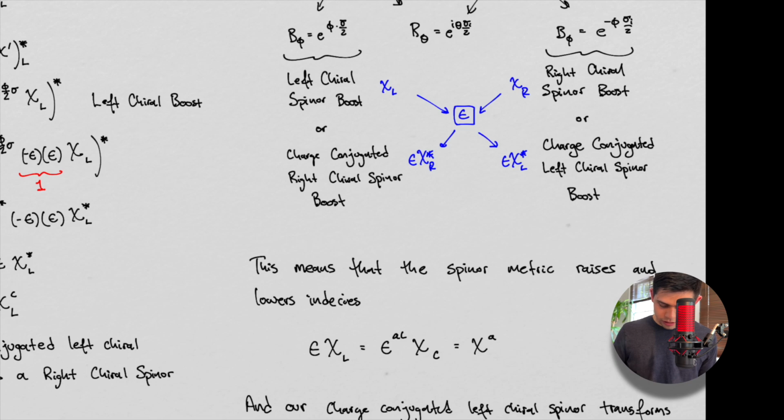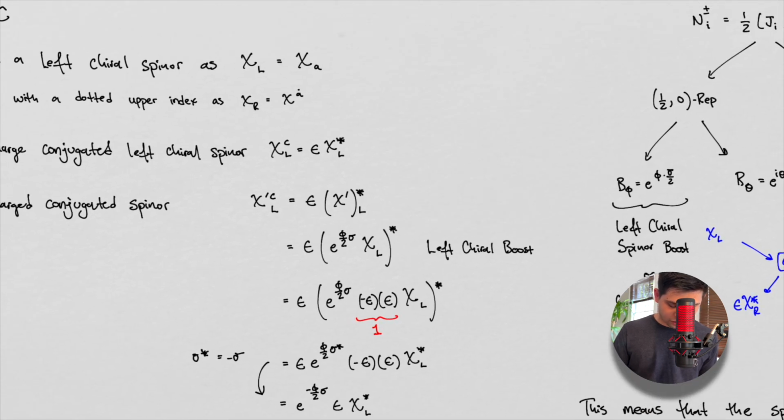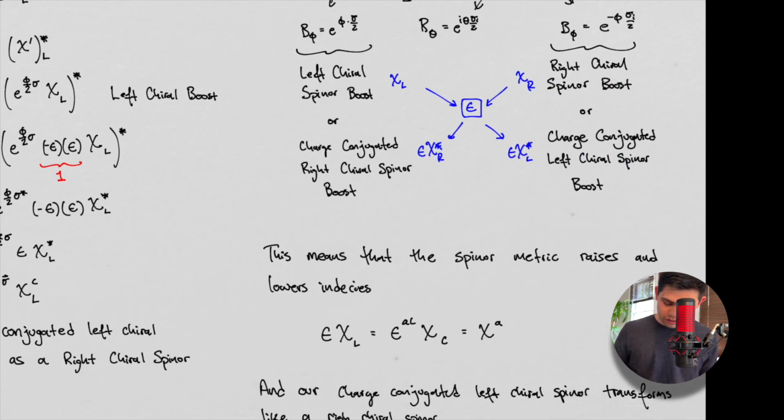And these guys are in the column of being right chiral spinors. Right chiral spinors, we said, were a superscript. So we go from a subscript to a superscript. But these guys, we're going to say, are different.